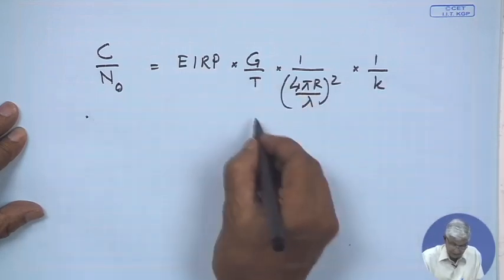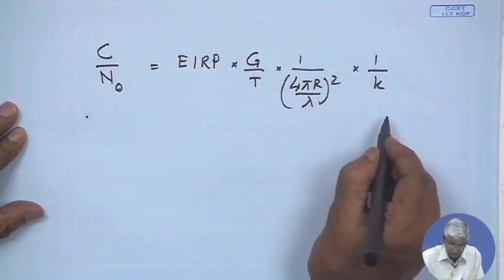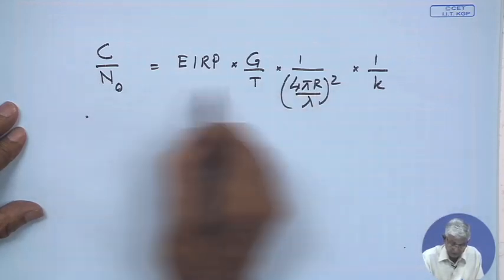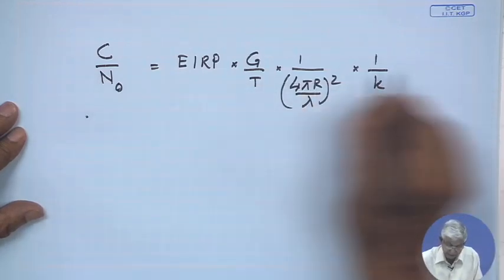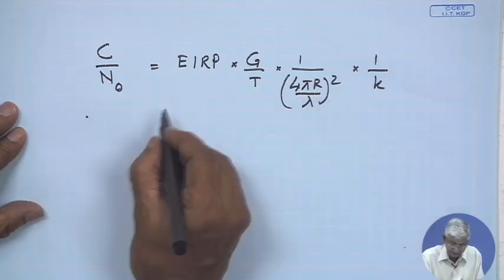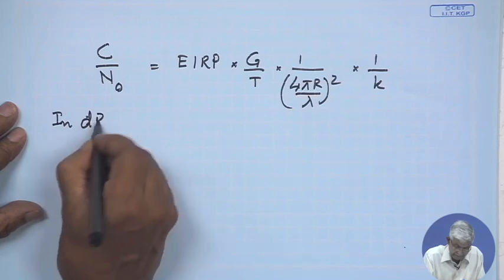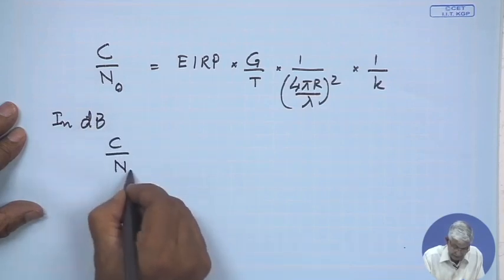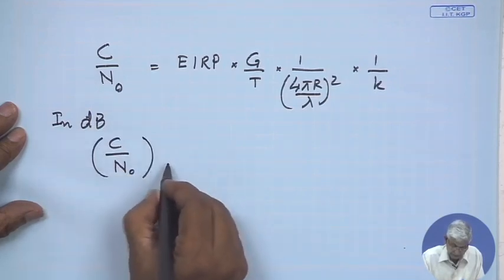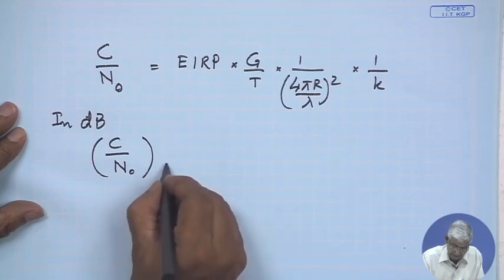The whole thing is coming out in hertz. In dB, if I write, then it will be in dB terms. It is C by N naught, in dB hertz.